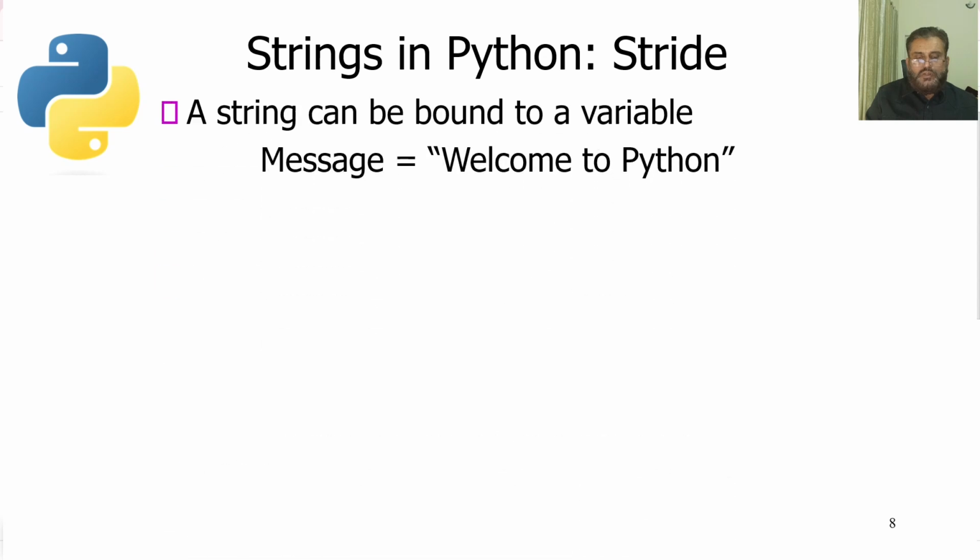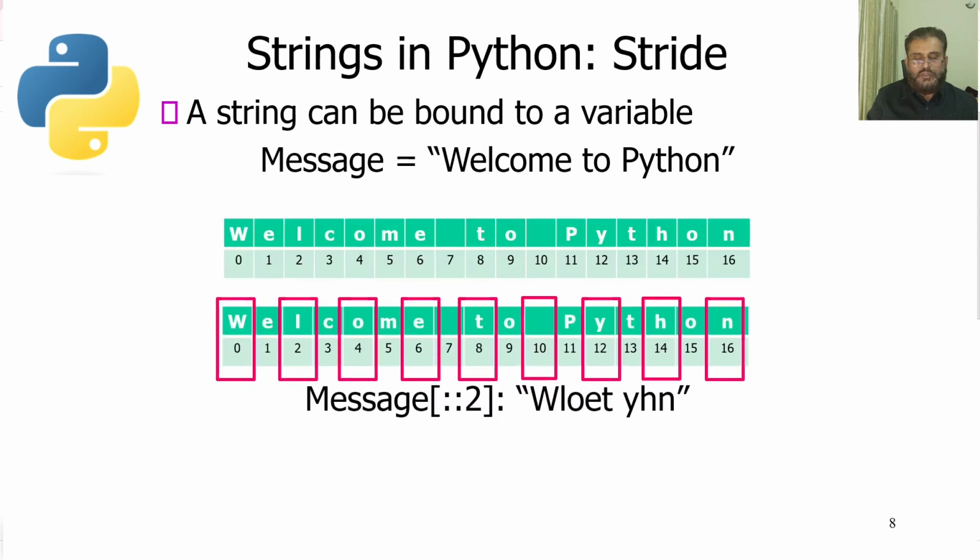Another interesting concept used for a string in Python is that of the stride. So what does it mean? I can make use of this notation where I provide the length of the stride. It means it will take every second element from the string.